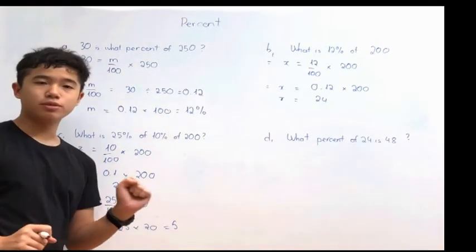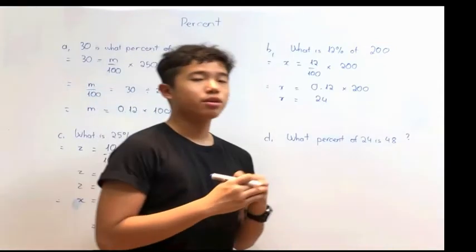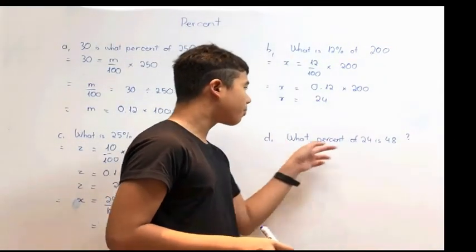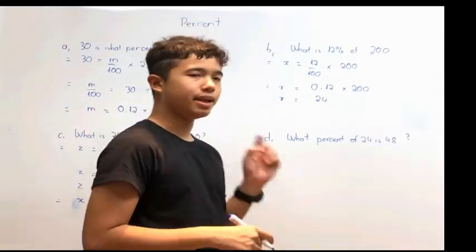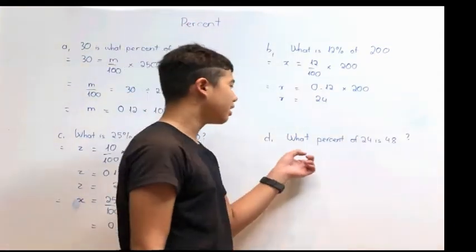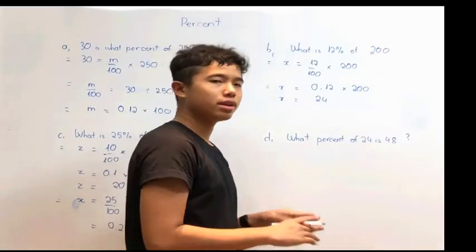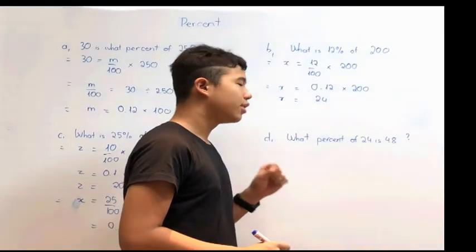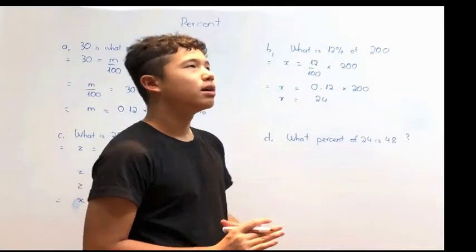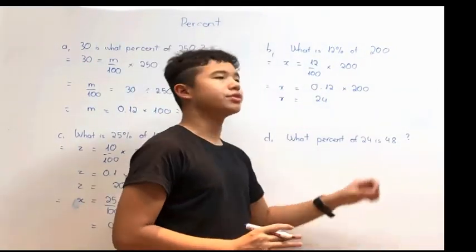Move on to the final exercise. What percent of 24 is 48? This one is a little bit easier. In this case, in letter D, you do not need to do anything. So basically, you know that 24 is 100%.